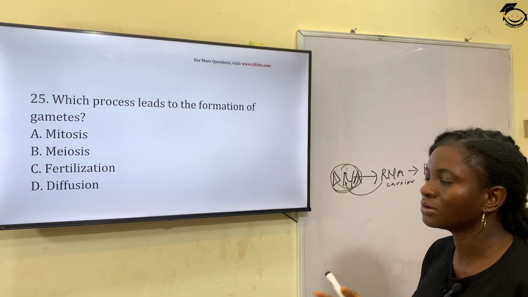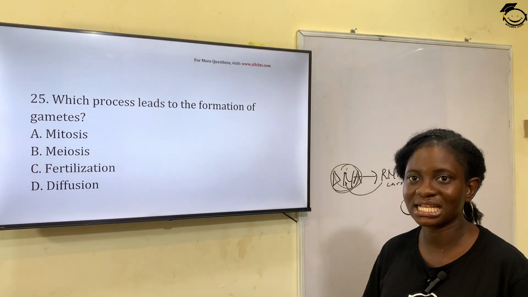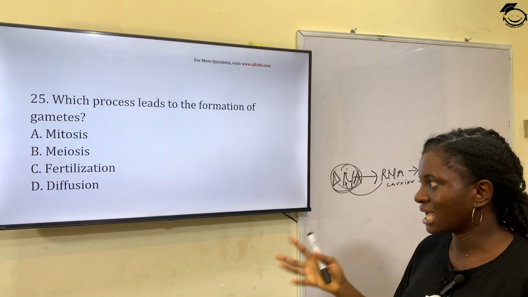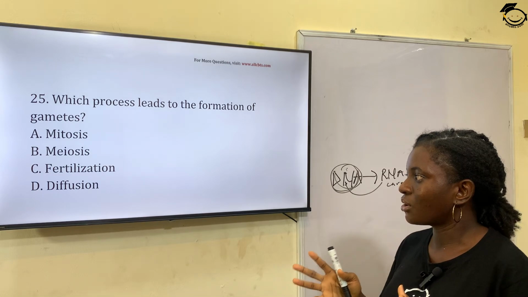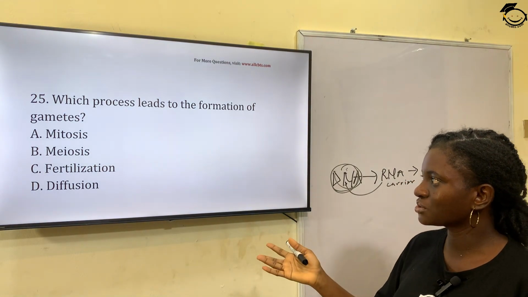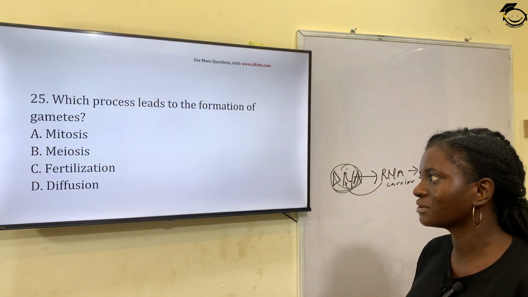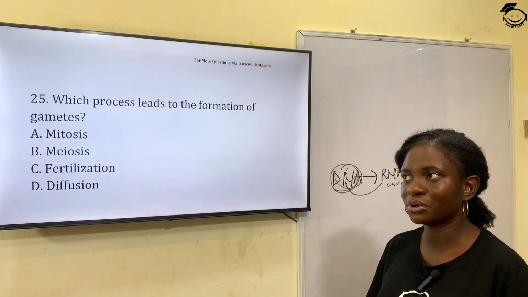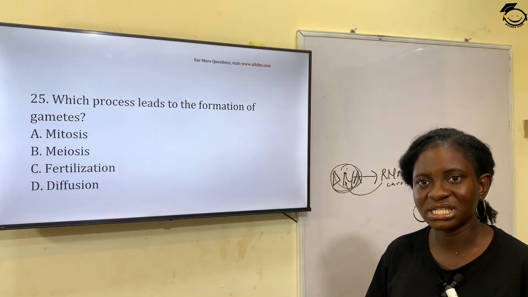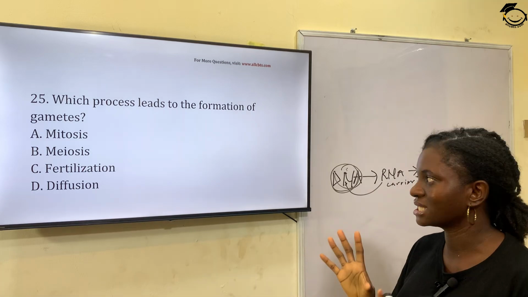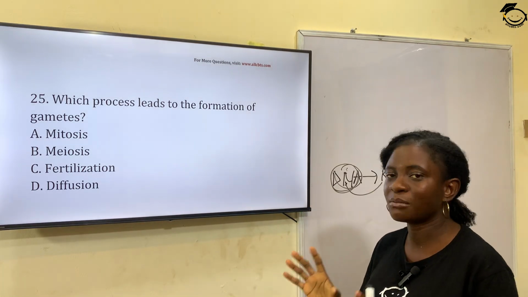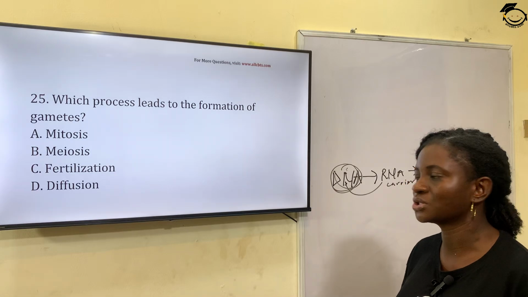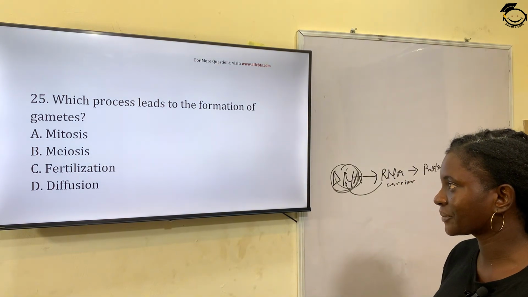Meiosis is involved in the formation of gametes, that's the sperm cell and the egg cell. While mitosis is also involved in cell division, it involves somatic cells, which are not necessarily involved in the formation of gametes. But the correct answer is meiosis.